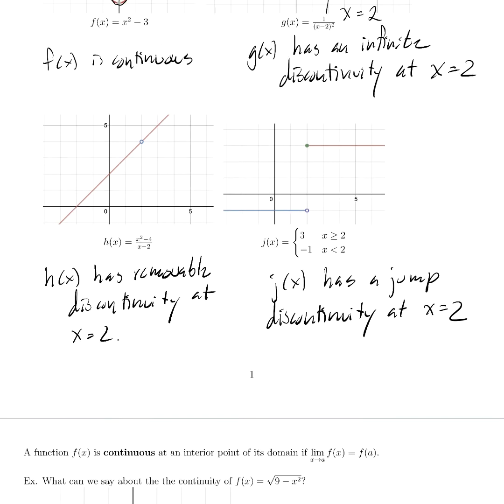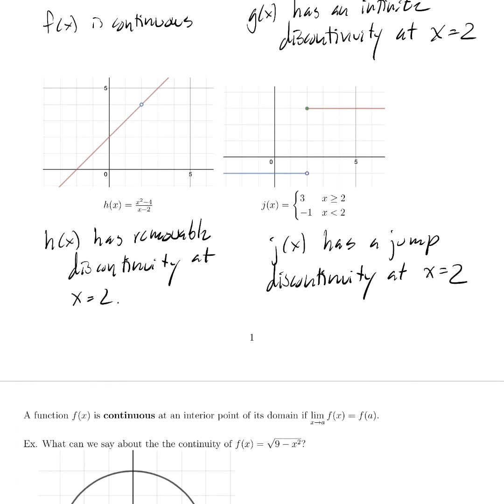Now, anywhere that we don't have a discontinuity, these functions would be continuous. So for example, j of x is continuous on the interval from -infinity to 2 and on the interval from 2 to infinity. And anywhere on that interval, we could find the limit.